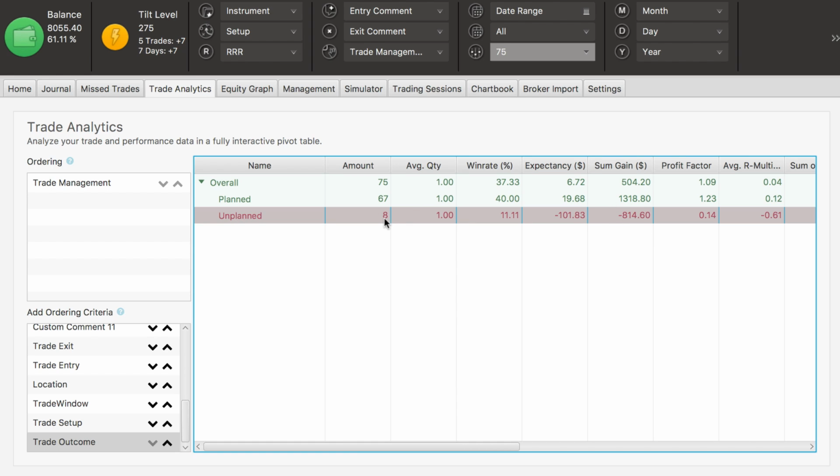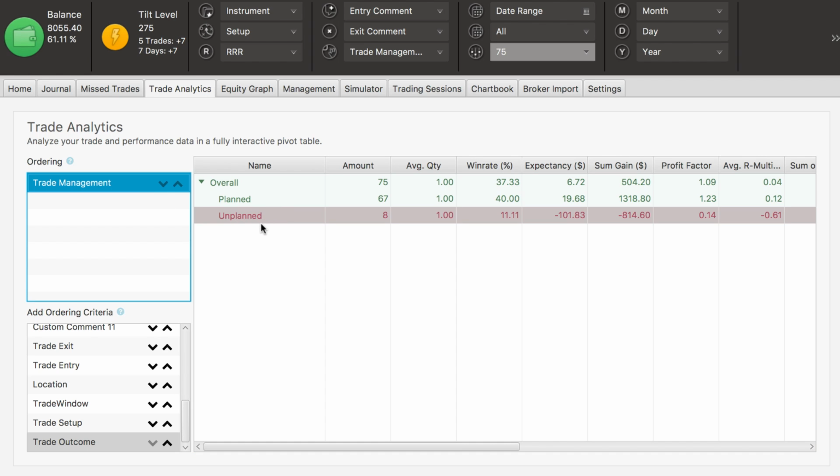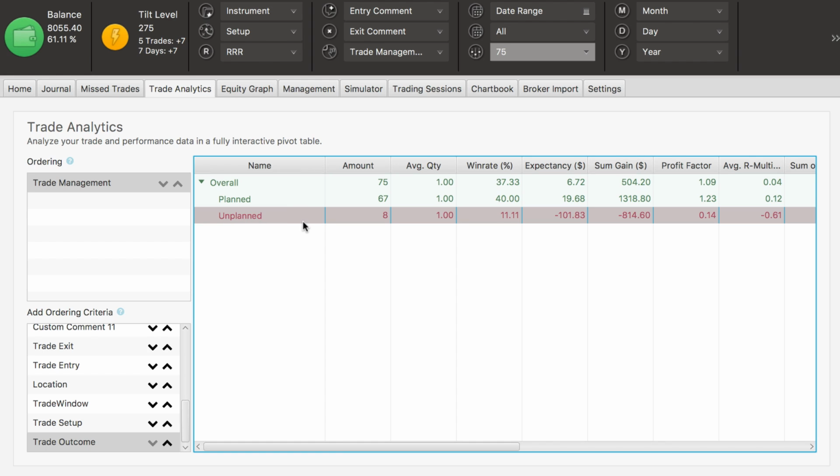So as we have seen in the trade management graph, something here is off with the trade management from this trader, and I would really recommend that the trader looks further into his trade management comments. I would suggest setting up different trade management comments to really specify what those unplanned trade management errors are that he's obviously making, so that he can really find out what the problem here is.